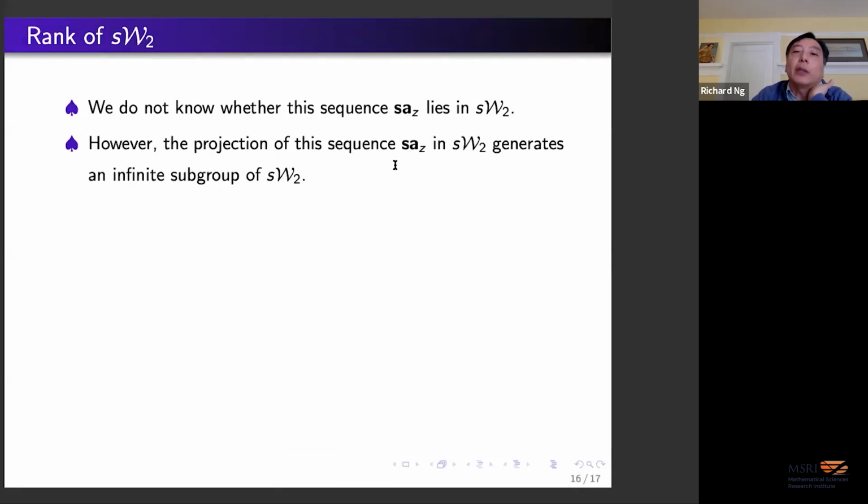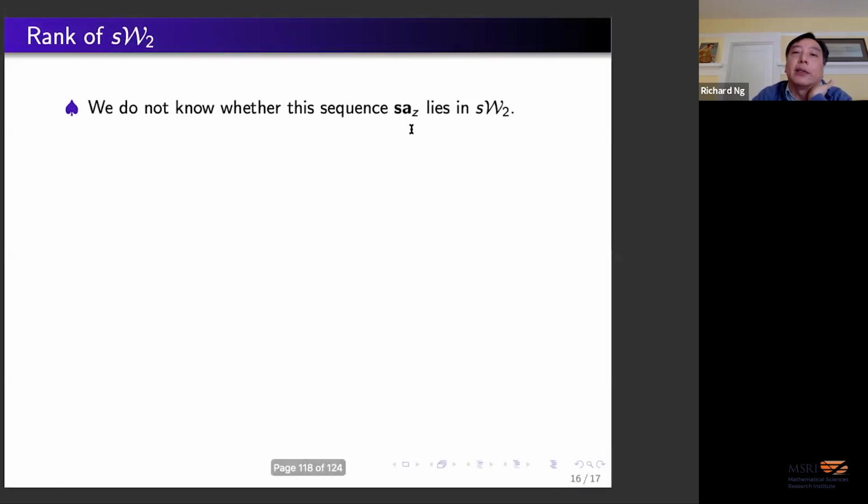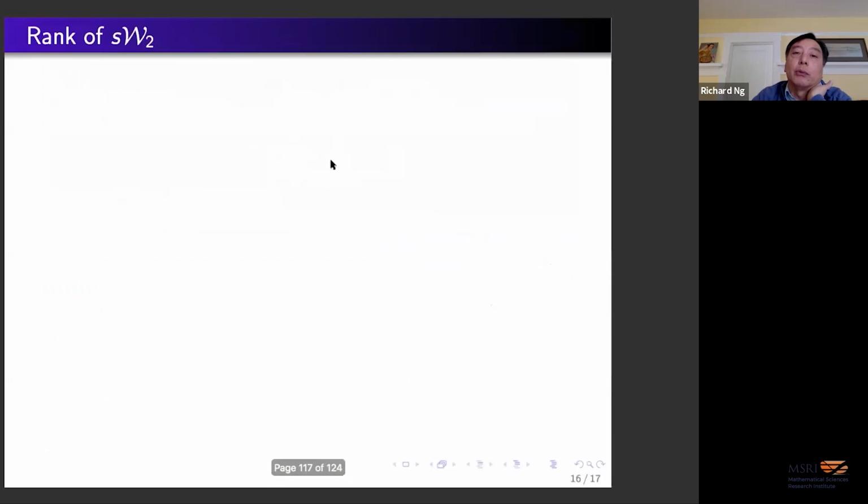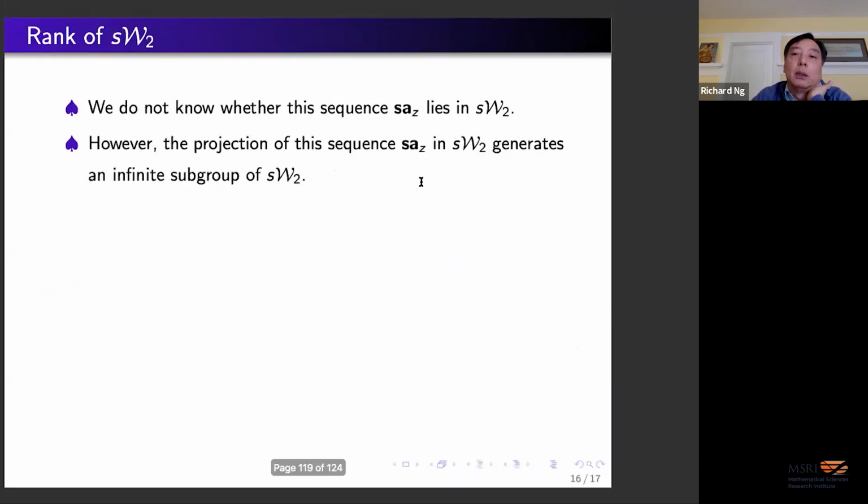But anyway, each of these elements in SAZ, which is the image of the sequence given by the A sub C, I can project to SW2. But then the projection, we can show that it is infinite. Therefore, we can show that SW2 has infinite rank.